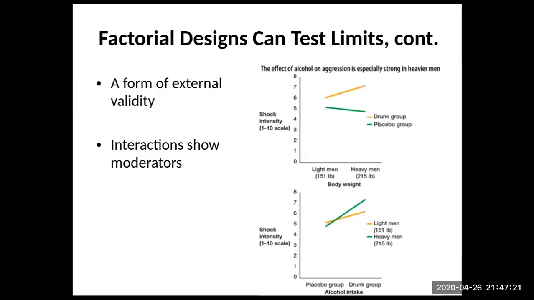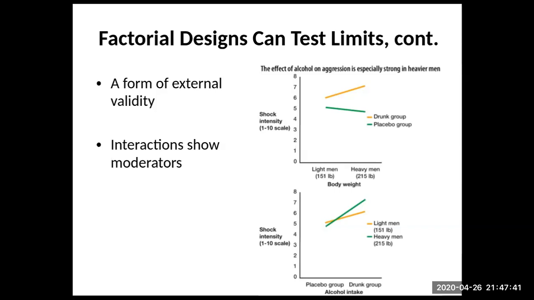And we want to see, we already know, based on the original study, that the drunk group had a higher shock intensity than the placebo group. But now we can see if this extends to see the same thing in men that are thinner or lighter and men that are heavier.